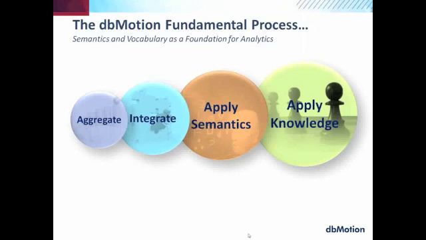So just getting all the information in one place is okay, but the next step is to be able to integrate that data, to be able to see it in a common viewer. But really, when we apply the semantics on top of that data, then we can actually apply knowledge, and we can understand things like what is diabetes, what is an ACE inhibitor, those kinds of things that make the data much more interesting.